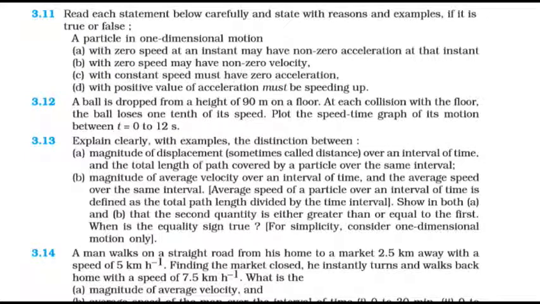Now, statement C. Statement C is with constant speed must have zero acceleration. For example, a car moving on a straight highway with constant speed will have constant velocity.